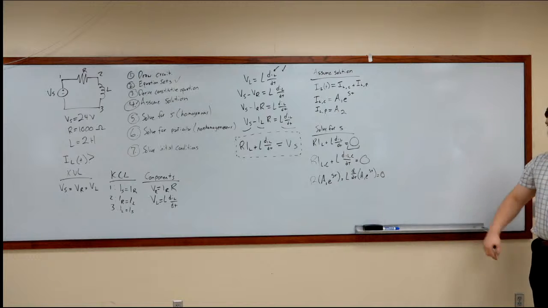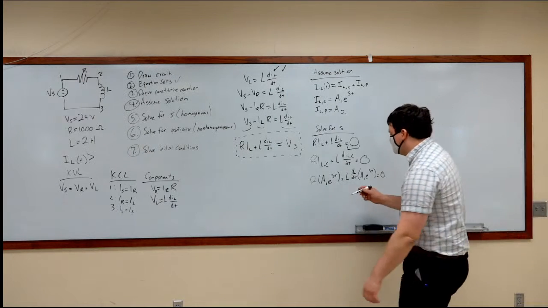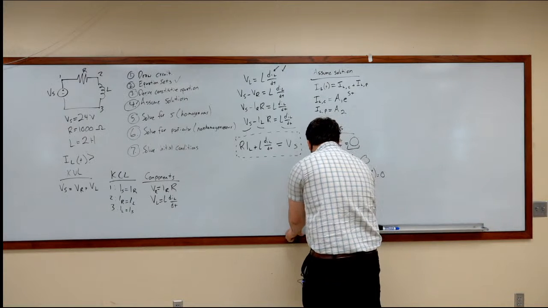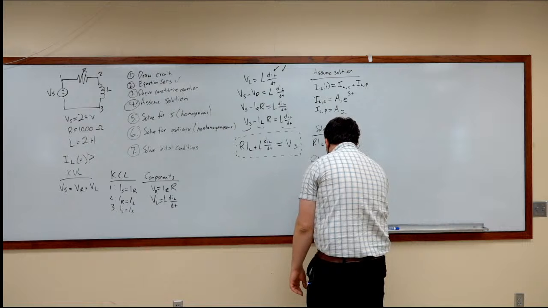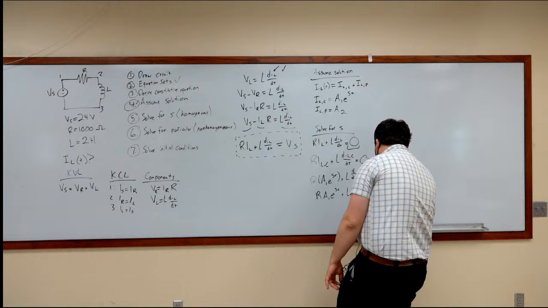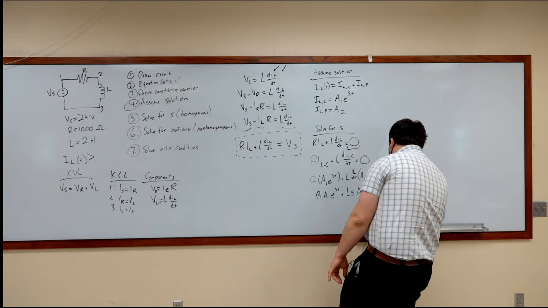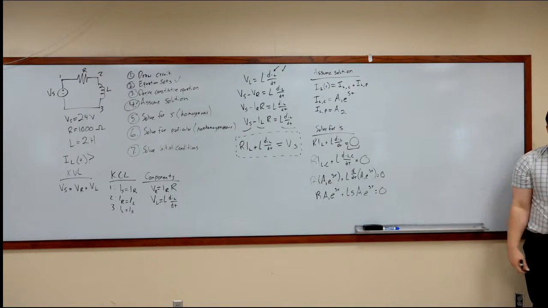What's the derivative of A1 e to the st? You just bring the s out front. Boy, you get really good at taking the derivative of an exponential function in this class. So we have R A1 e to the st plus L s A1 e to the st equals 0. Now, what can we do with this?